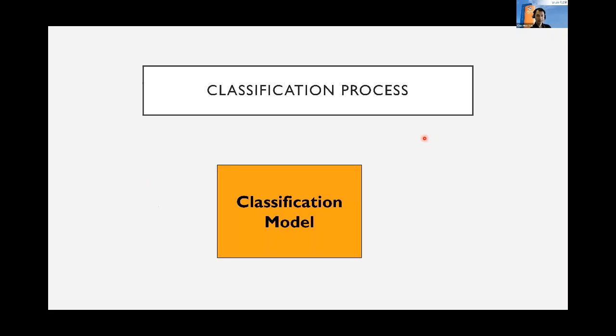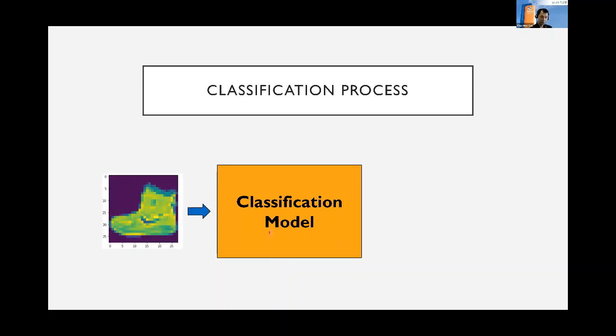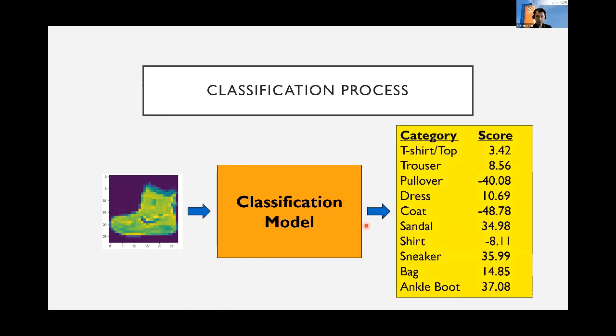Okay, so how does this classification process actually work? What we have in the center is going to be a classification model. This is going to be our computer over here, which is going to try to perform the classification. We're going to feed our computer an image, and after we feed the computer the image, we want the computer to come up with a score for each of the possible categories over here.